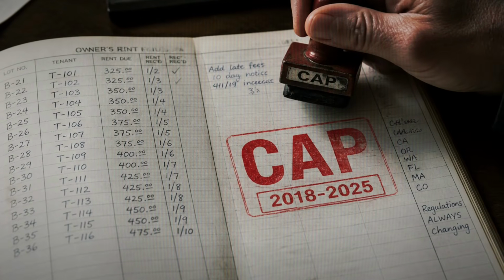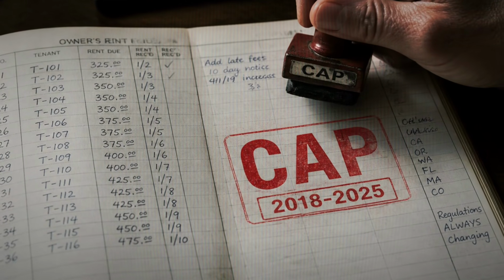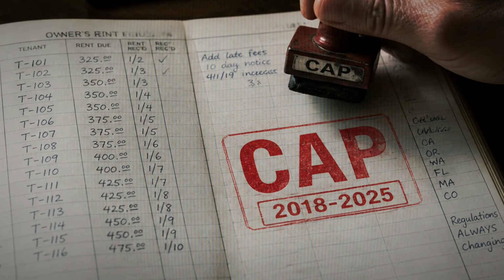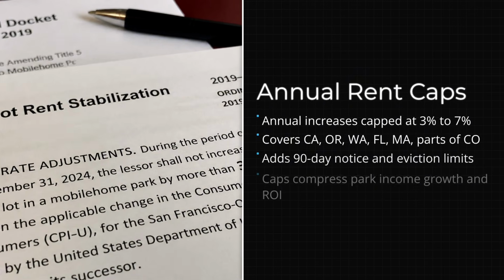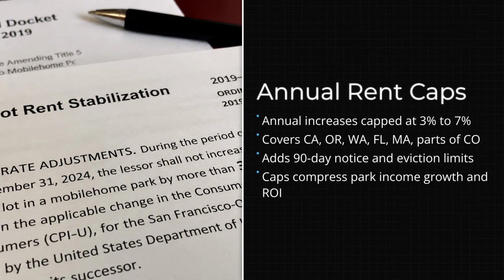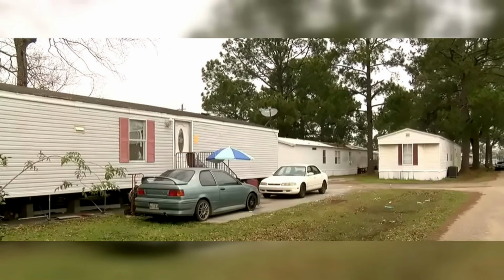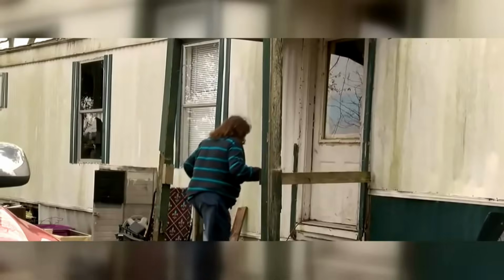The lot rent stabilization regulatory risk is the third operational variable. A growing number of jurisdictions in California, Oregon, Washington, parts of Florida, parts of Massachusetts, and increasing portions of Colorado have passed lot rent stabilization ordinances that cap annual rent increases at 3 to 7%, require 90-day notice, prohibit retaliatory eviction, and in some cases require operator-funded relocation assistance if the park closes.